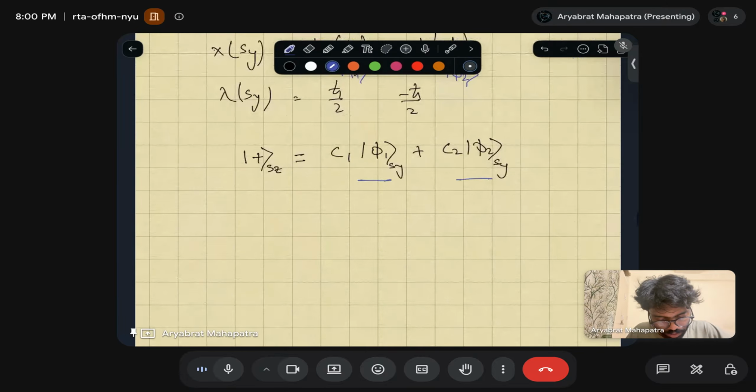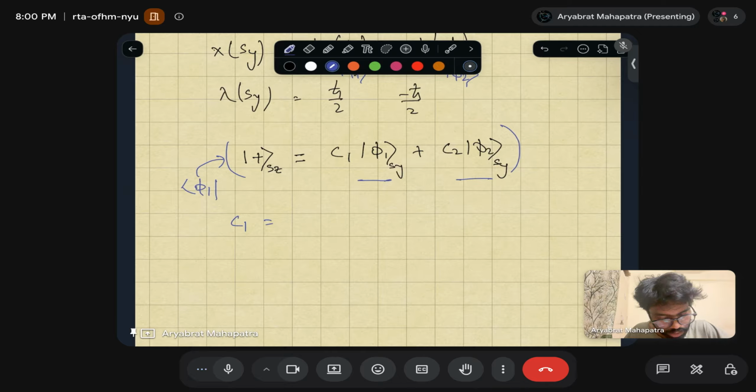To know now what these c1 and c2 are, they can be calculated. c1 can be found if I take the conjugate of phi 1 and act on both sides of the equation.